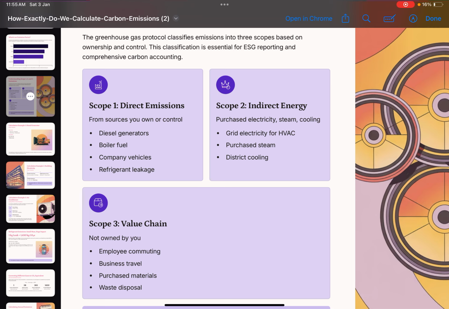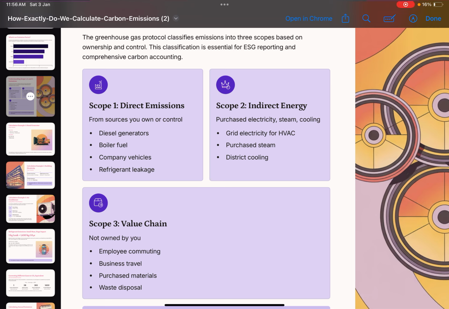So it means for the industry, if the employees commute through their own vehicles, those emissions are also considered, because the employees who are staying outside the industry come to the company in their own vehicles. Those vehicles are also emitting certain CO2 that has to be considered under scope 3.